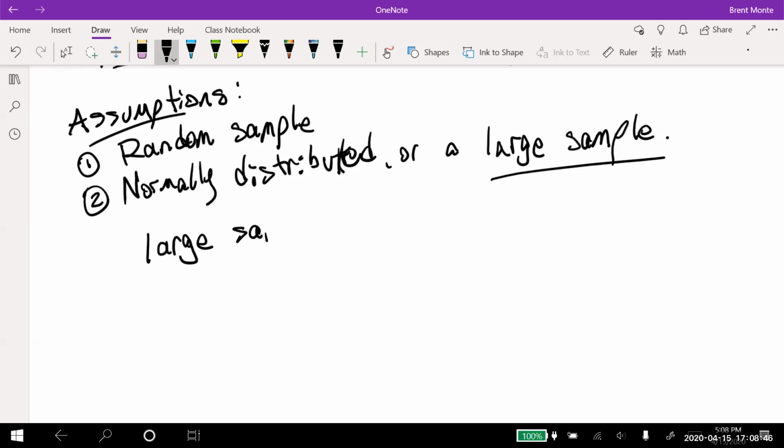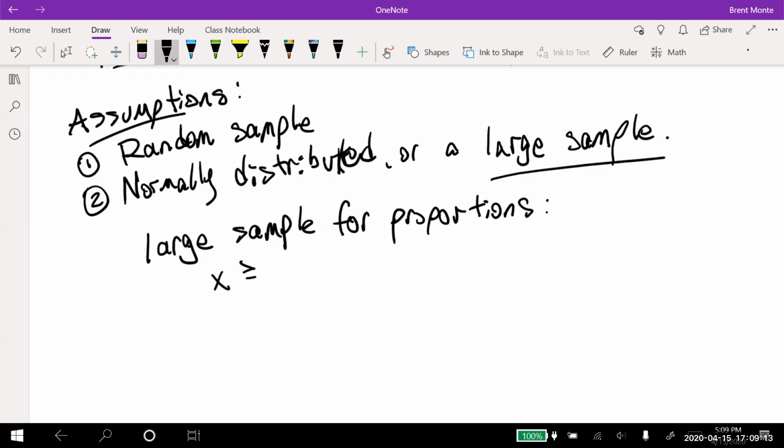large sample for proportions, both x, which is the number of people that have the characteristic, has to be greater than or equal to 5.